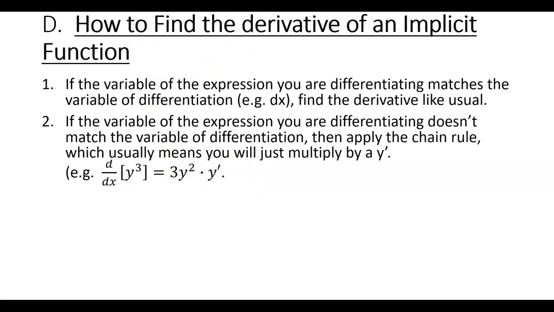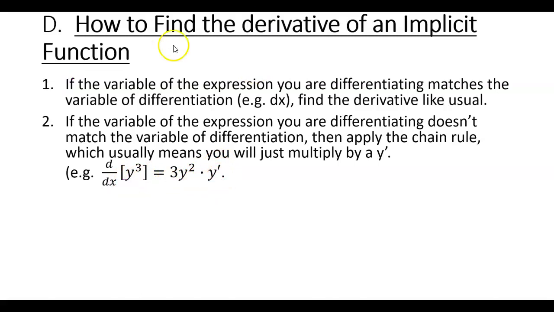So to review, if this letter matches this letter, just take the derivative like normal. If they don't match, then after you take the derivative like normal, put a y prime next to it. Now, it's not always going to be y, though, just so you know. If this were an a, for instance, then it would be 3a squared times a prime. So it's whatever is here that goes here, all right?